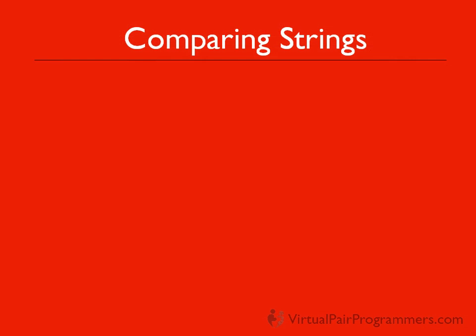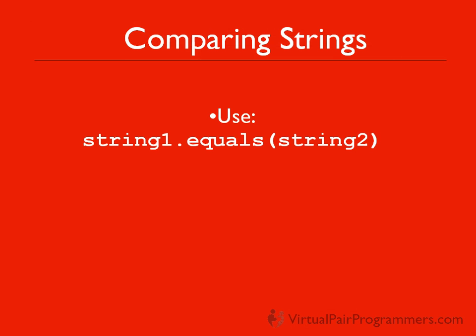So just to recap, if you're comparing two strings, you need to use string1.equals(string2) and not string1 == string2. This is an important trap to be aware of because using this second format will normally compile, and in some instances it will work as you expect, but not always.